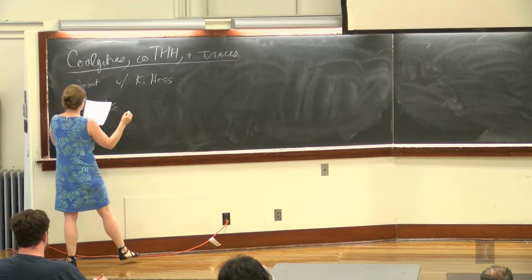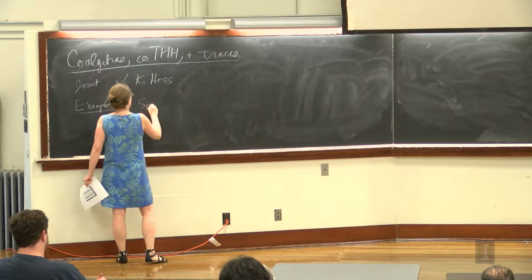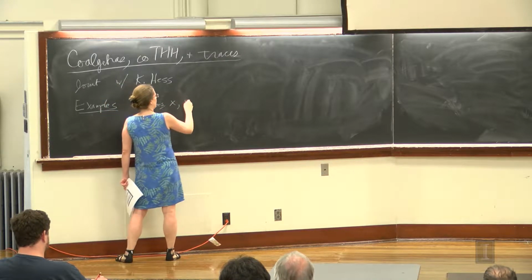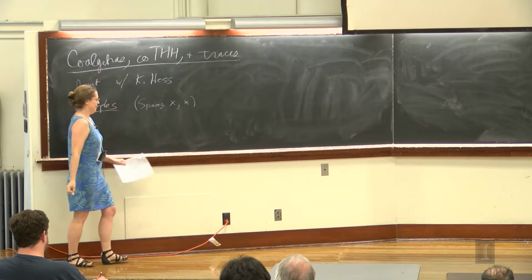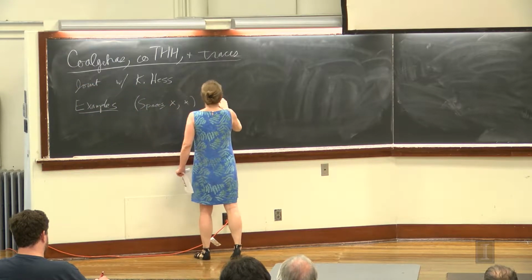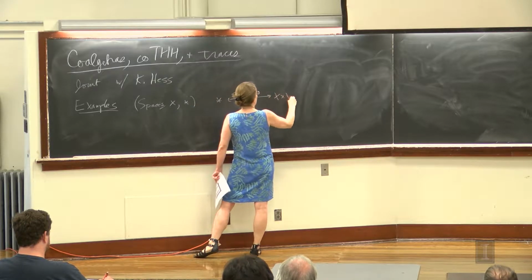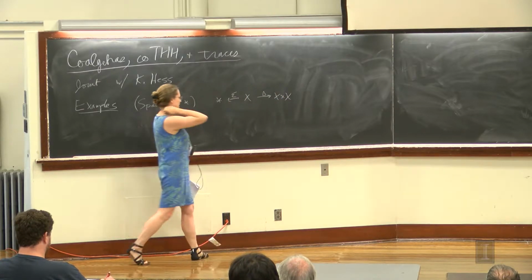So the first example is in the category of spaces with Cartesian product, and the unit is the one-point space. So we have a co-unit from any space X, and we have a co-multiplication.